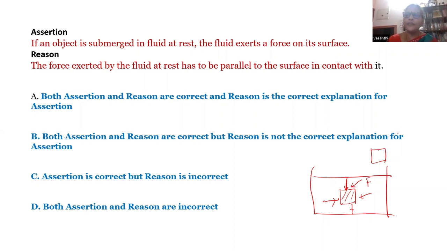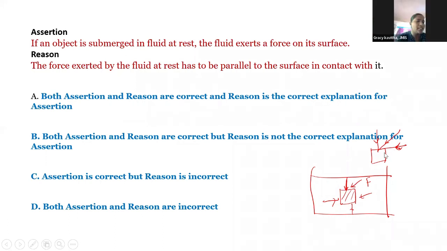So any inclined force will have two components, vertical and horizontal. What is the effect of this horizontal component? It will make the object move, isn't it? Yes. But can the object move? Here it is in equilibrium.